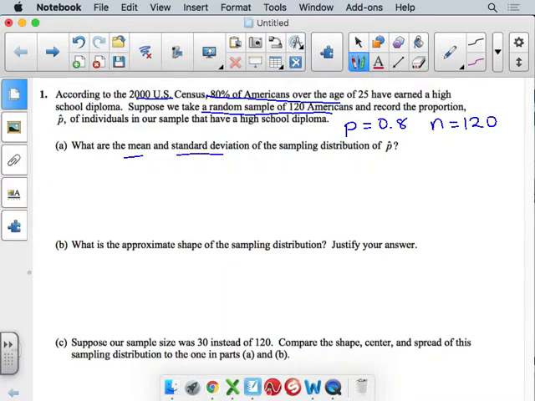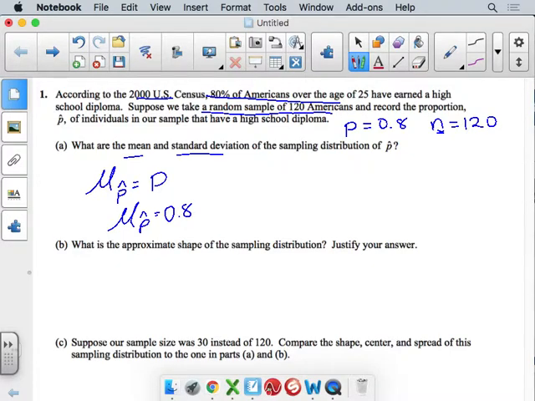On the formula sheet, you've got your one sample, so one p hat, and it says that the mean of that p hat is equal to the population proportion. So the mean, the average of all of those sample proportions, should average out at 80%.